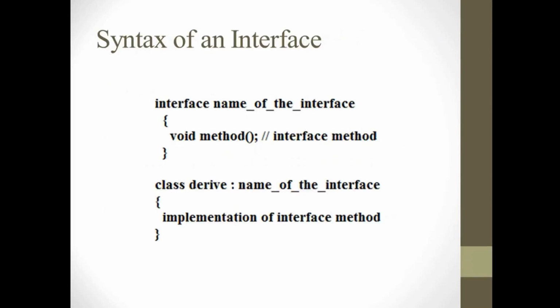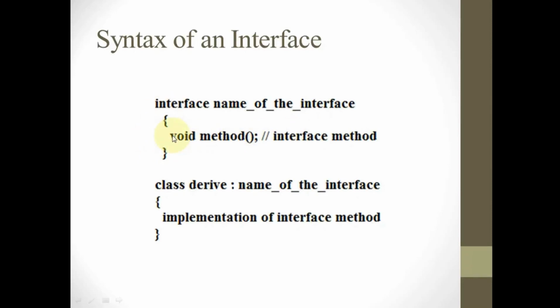Now let's see the syntax of the interface. First we have the interface keyword, then the name of the interface, which can be anything. Then the body of the interface, and within the body we have only the declaration of the functions, but without the abstract keyword.